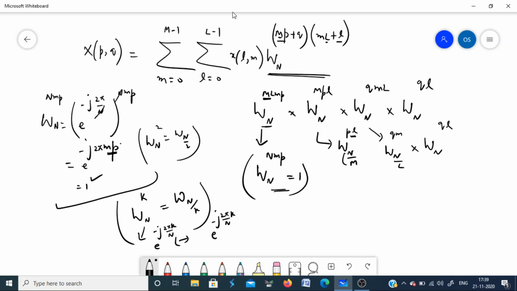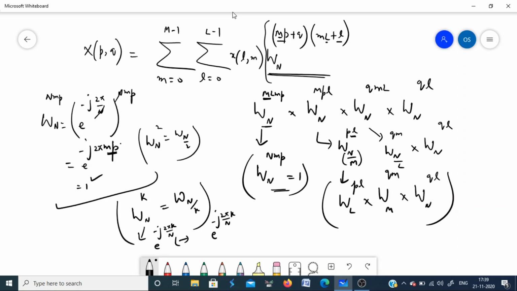Now this n by m can be written as L. So it can be written as wl to the power pl, and wn by L can be written as wm to the power qm, into wn to the power ql. Okay, so this factor can be decomposed as a product of 3 terms like this.